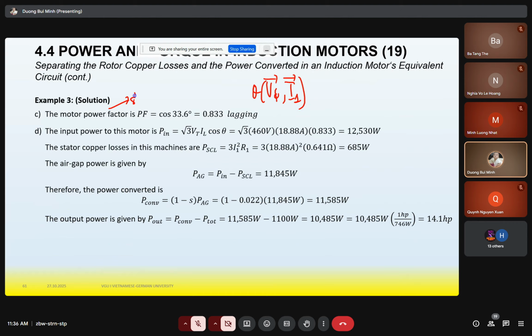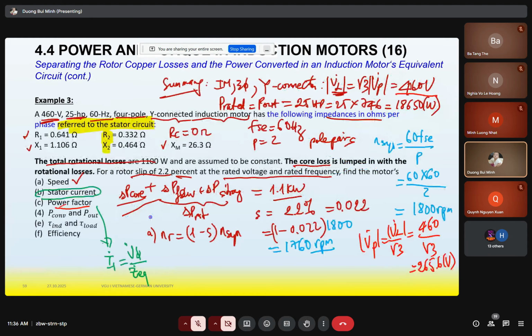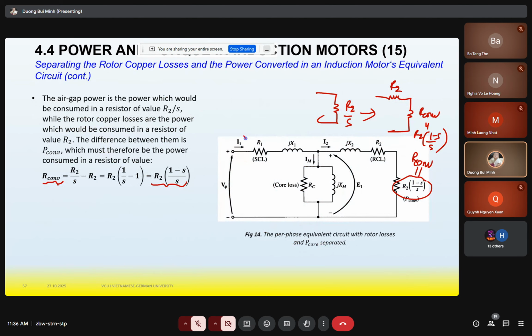If we look at the equivalent circuit, this is I1 and this is V phase.